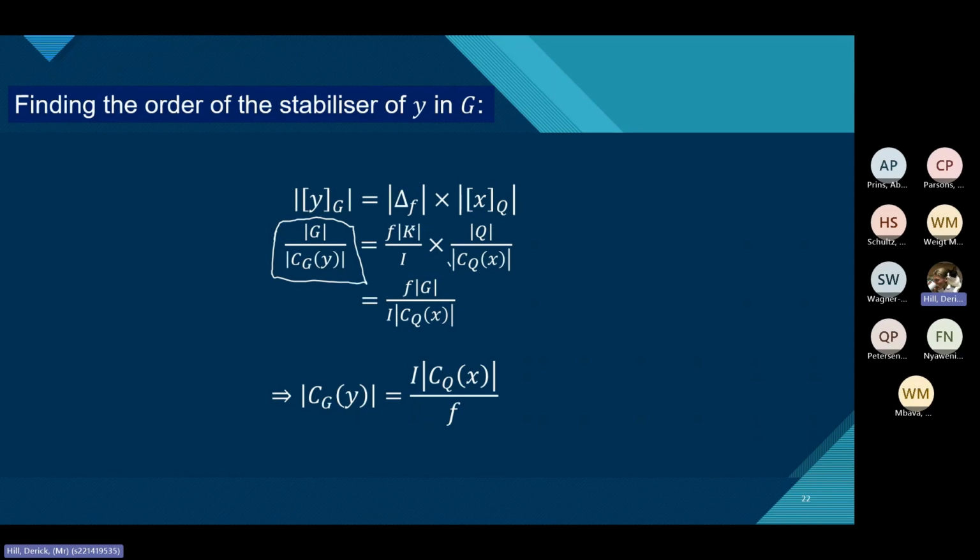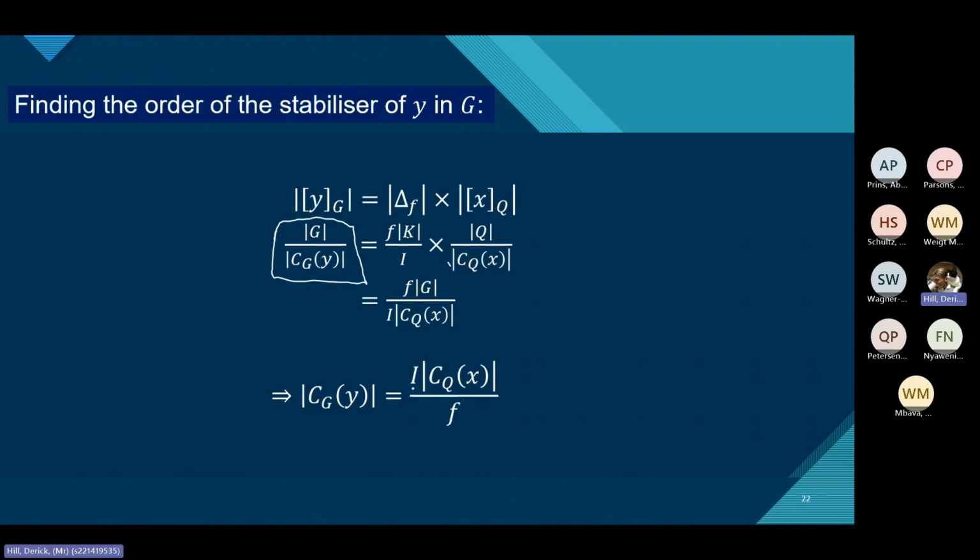And then we get a K times Q over here, which is our group G. After doing a bit of simple algebra, we can get a formula for the centralizer of y in G, which is the centralizer of the conjugacy class in G.